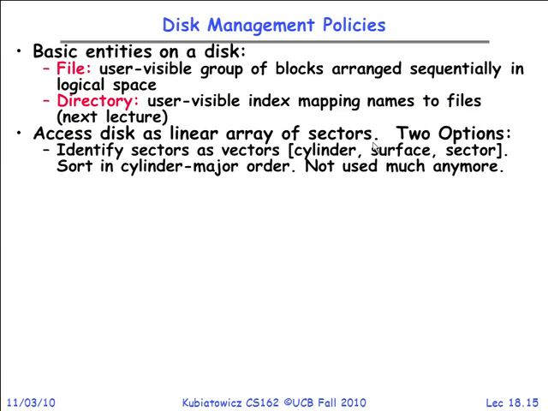Now, obviously, this 3-tuple is unique per disk. If you have 2 disks, they're going to have 2 blocks that have the same name, obviously. Now, this was the way things were done because it seemed simple to everybody.